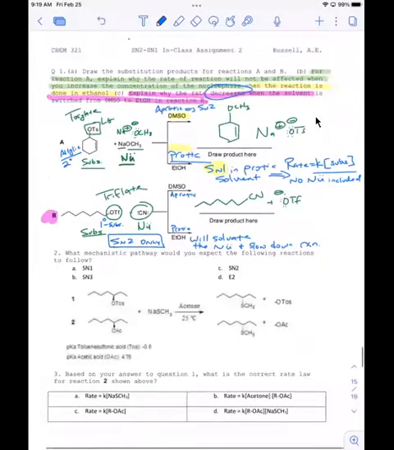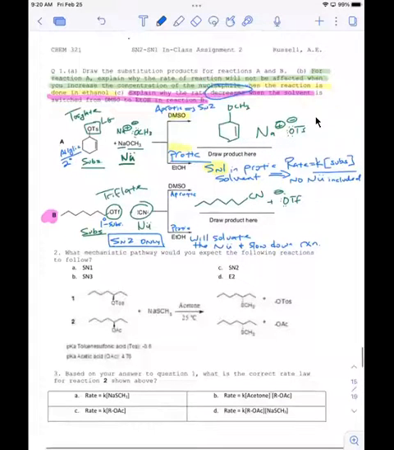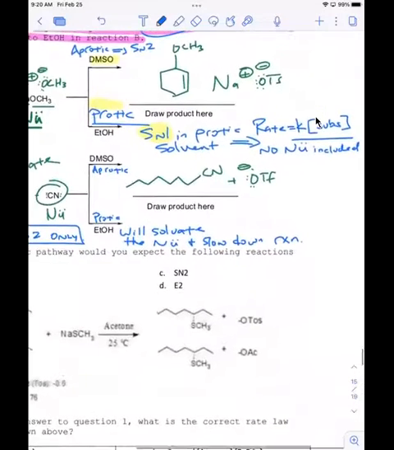Right, so that one question basically covers almost all the factors that determine whether or not a reaction is SN2 or SN1, and some of the factors that increase or decrease the rate. What would the rate law be for this reaction, since we know it's SN2? Would it be rate equals K times the substrate and then the nucleophile? Yes, excellent.